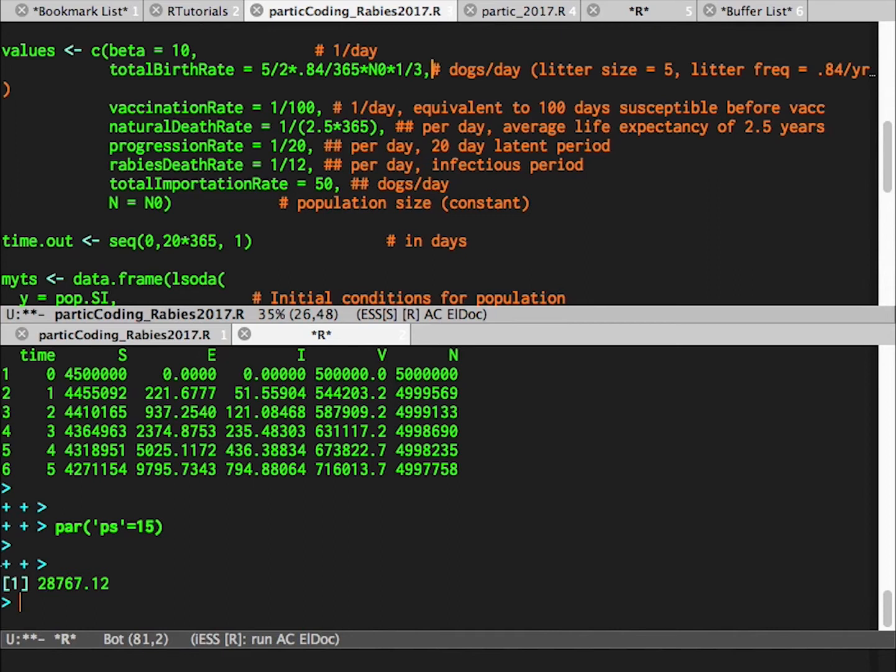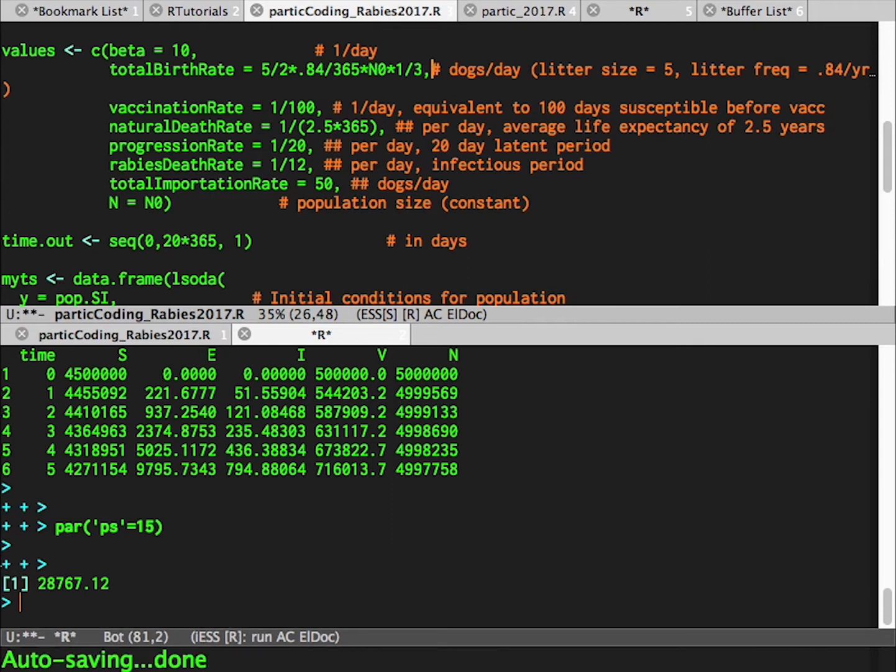But I want to know how many pups each dog on average has in a litter. So I need to divide by 2 because male dogs don't give birth. So the average litter size per dog is basically 2.5. But we also need to know the frequency, and the frequency is 0.84 per year. So that means these female dogs aren't giving birth every year, a little bit less than every year.